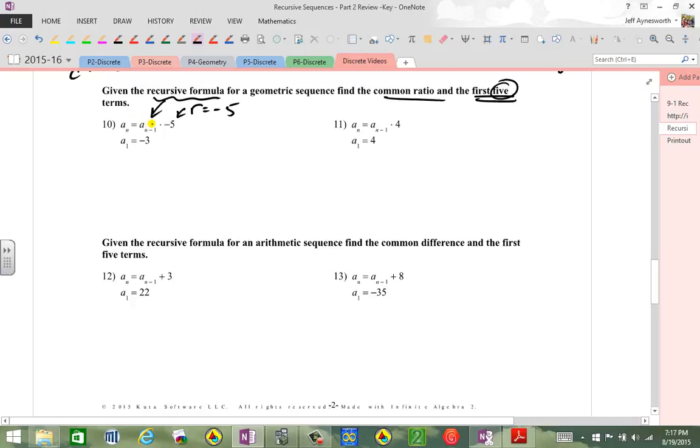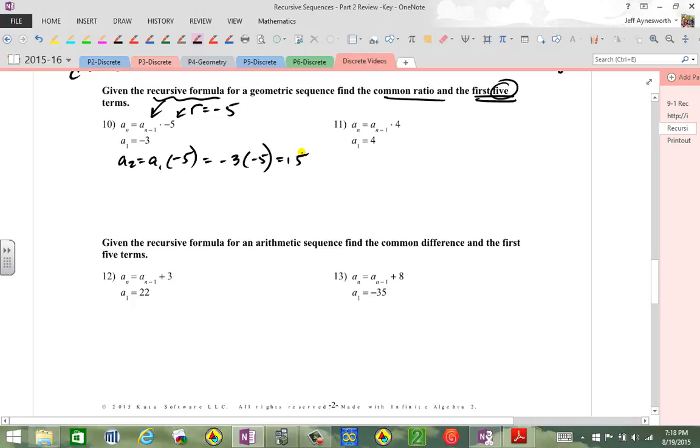A sub n is the previous term, a sub n minus 1, times negative 5. So the second term is equal to the first term times negative 5. Since the first term is negative 1, what do we have? Negative 3 times negative 5, and that's 15.